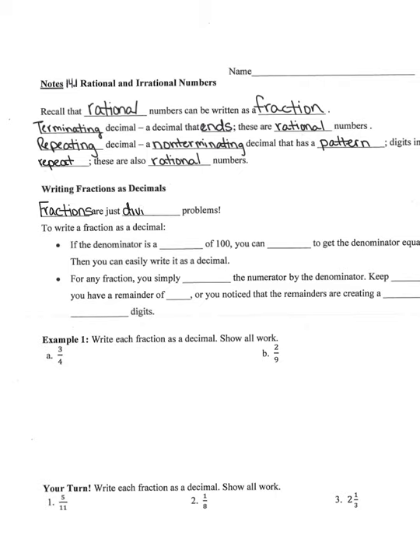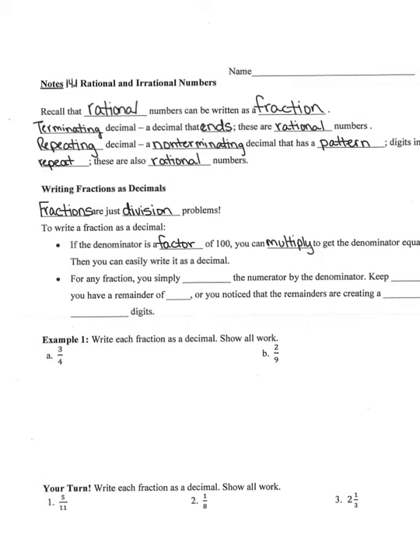So if the denominator is a factor of 100, you can multiply the denominator by whatever it would take to get to 100, and then do the same to the numerator, and then you have your decimal.